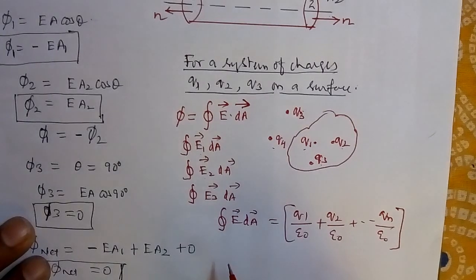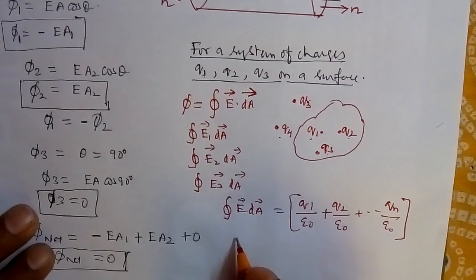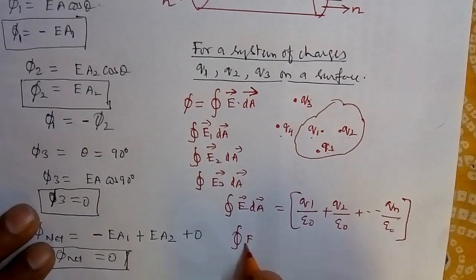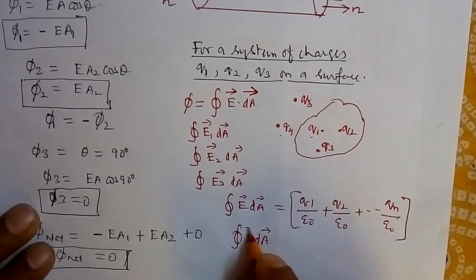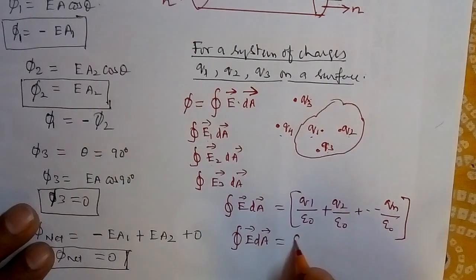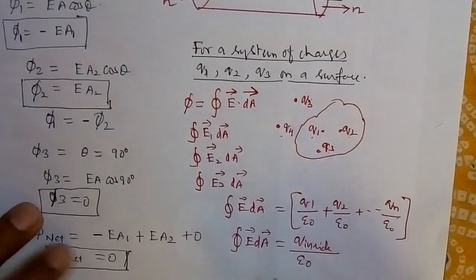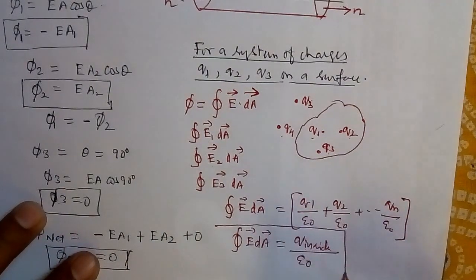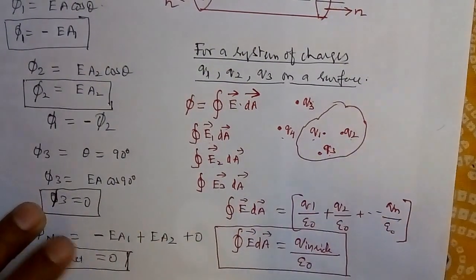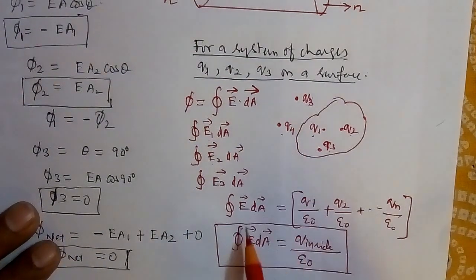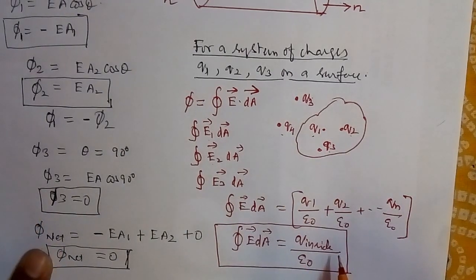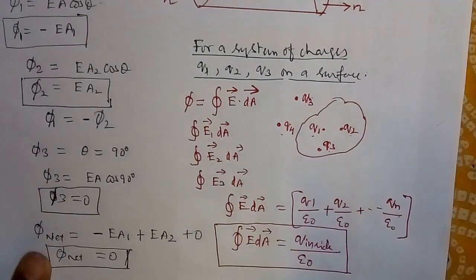And now we can write the surface integral of electric field over the area A is equal to Q inside divided by epsilon naught. So in the form of calculus, we can write the Gaussian equation as the surface integral of electric field over a closed surface is equal to the charge inside the closed surface divided by epsilon naught.